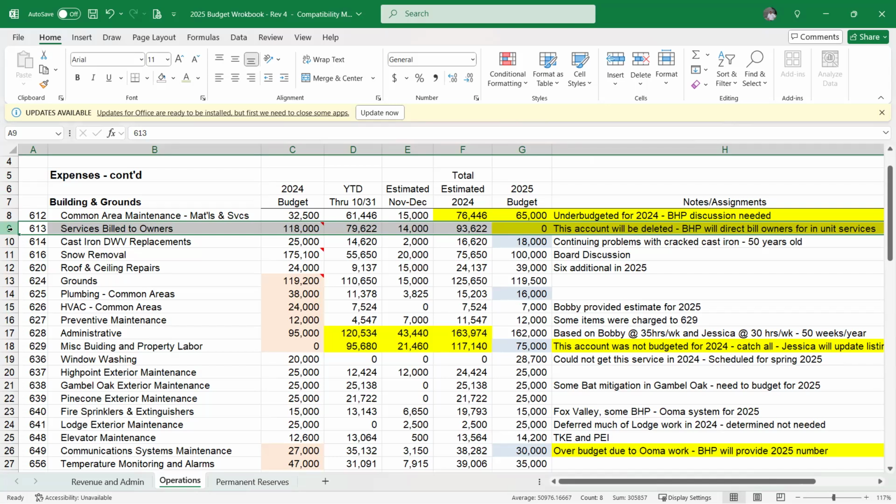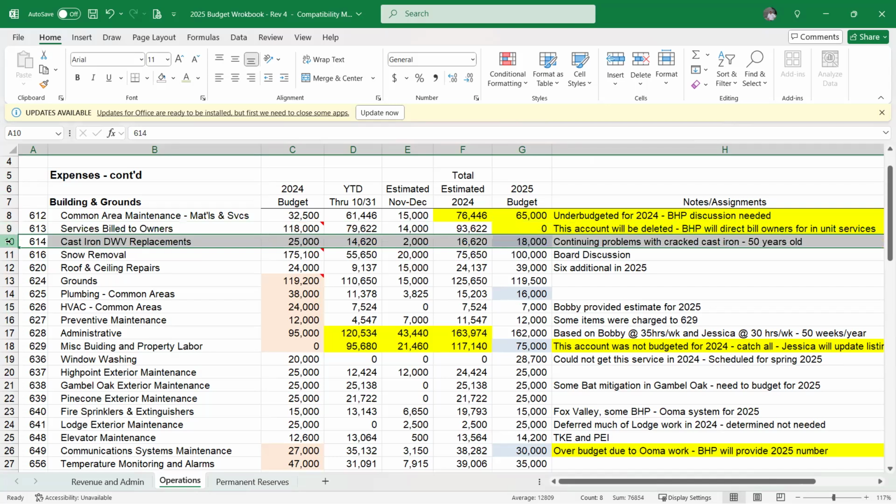I think I've got that right. That's right, Joe. And BHP is going to be doing a communication to owners about that change. Yes.